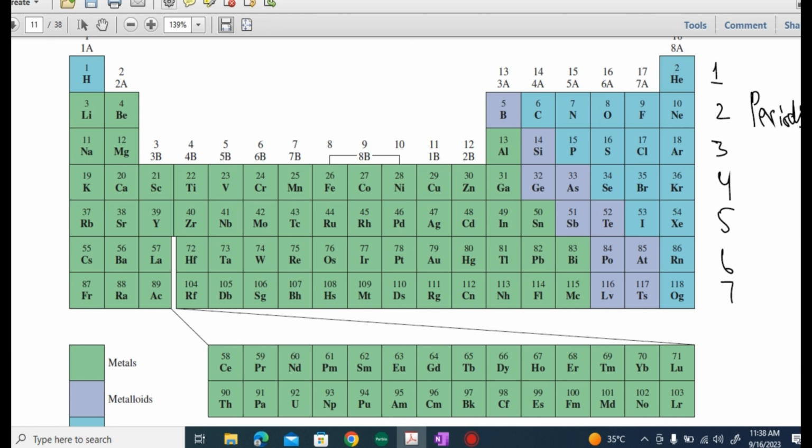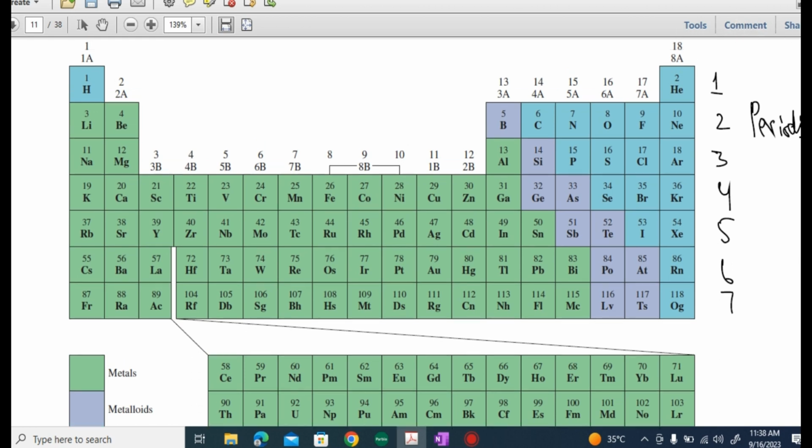Next, you can see these are vertical columns, and remember there are mainly 8 groups. These vertical columns are called groups, and the numbers are already assigned: 1A, 2A, 3A, 4A, 5A, 6A, 7A and then 8A.